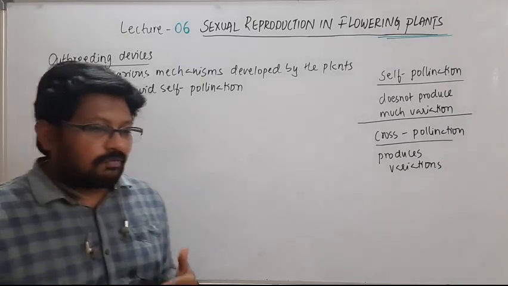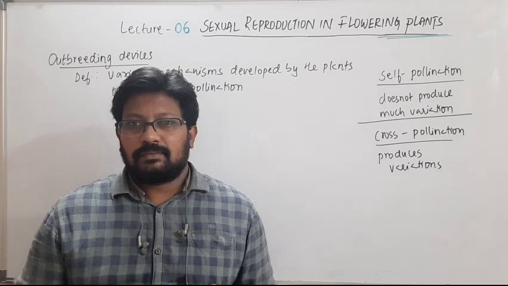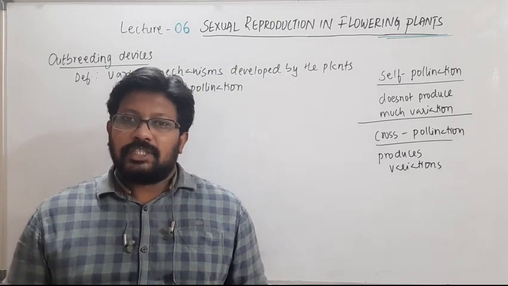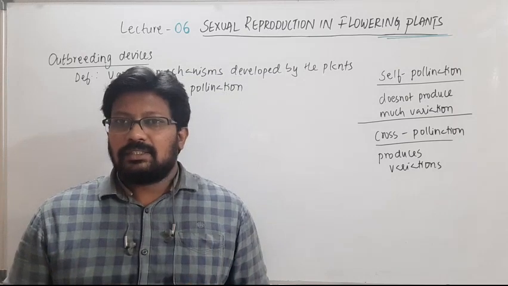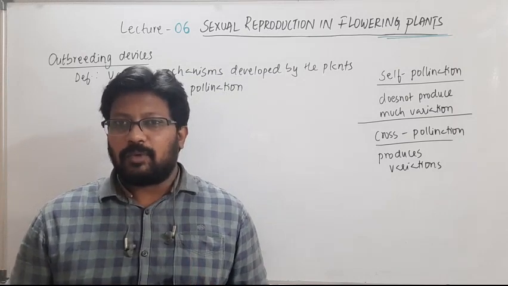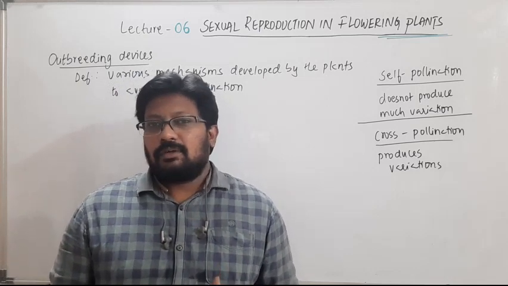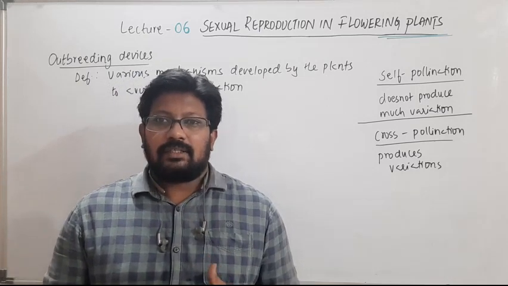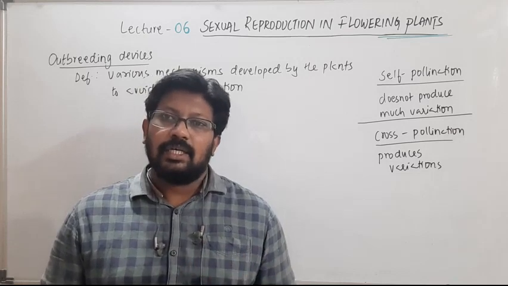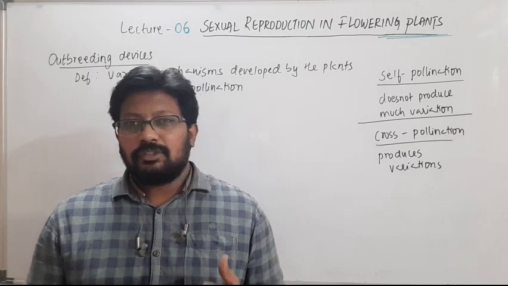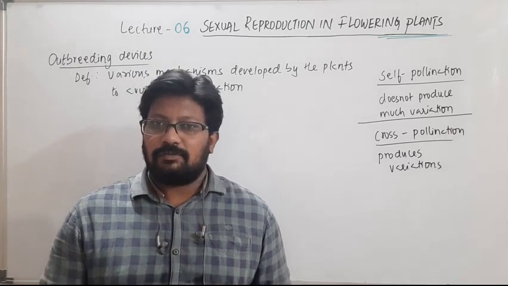Now in case of plants that have bisexual flowers, or unisexual flowers present on the same plant, they like to avoid self-pollination. If there are bisexual flowers on the plant, and the male reproductive organs and the female reproductive organs mature at the same time, then there is a chance of self-pollination.